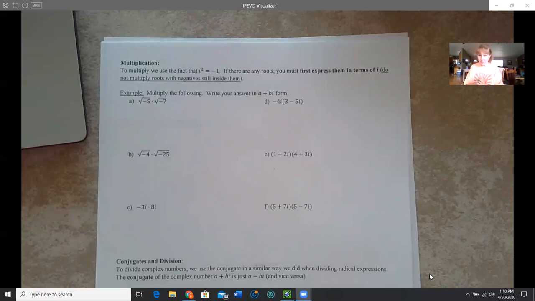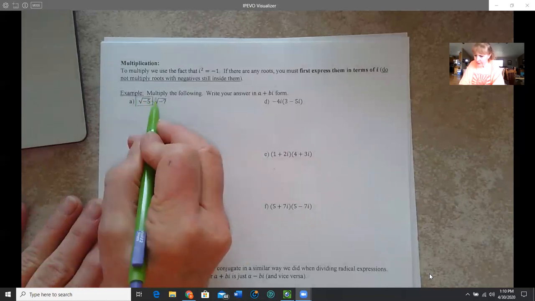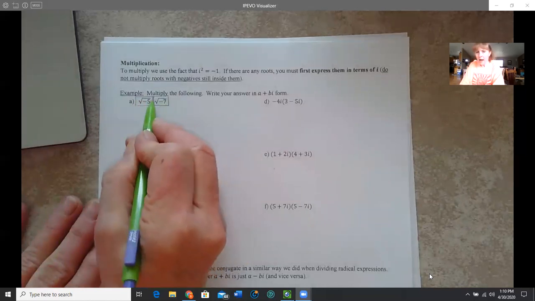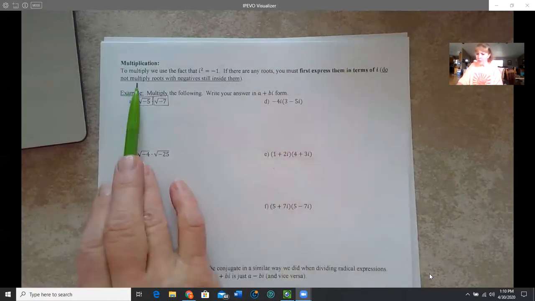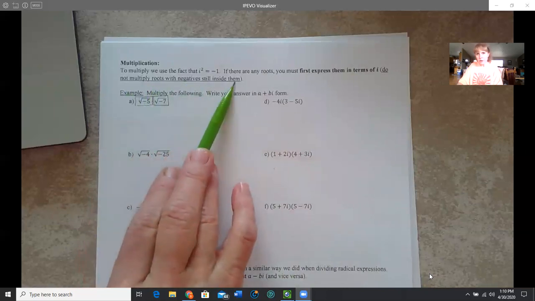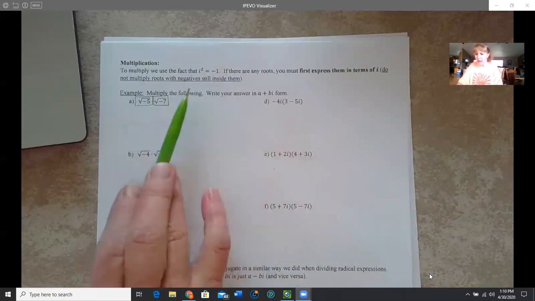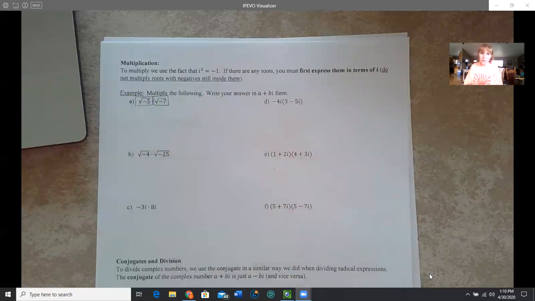Unfortunately, this is a different type of rule, in that when you have these, you need to simplify them first, getting rid of the i, bringing it out before you multiply. So again, do not multiply roots with negatives still inside them. You need to take the negatives out before you multiply.